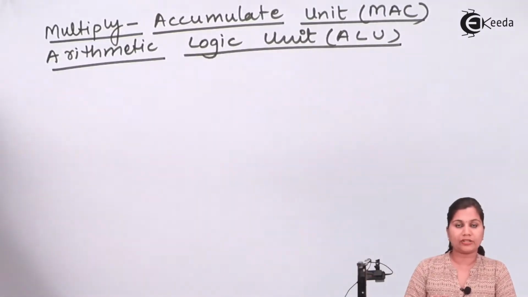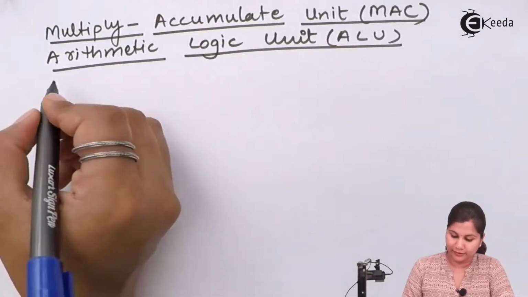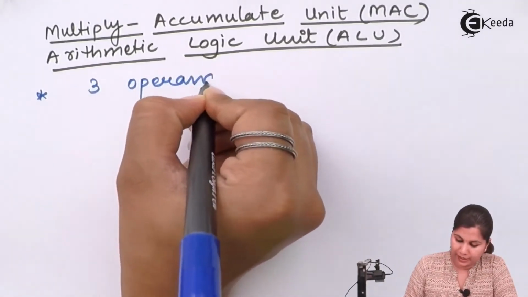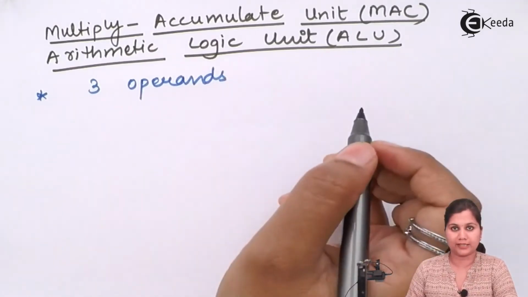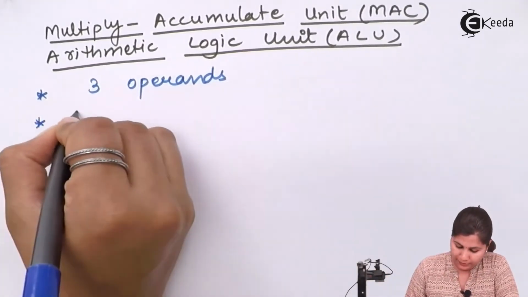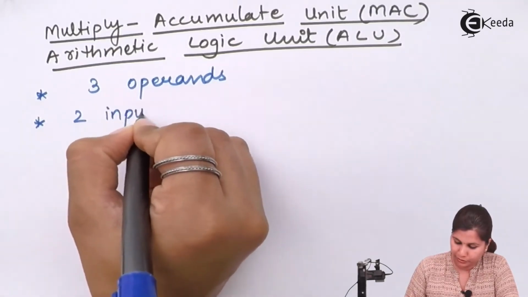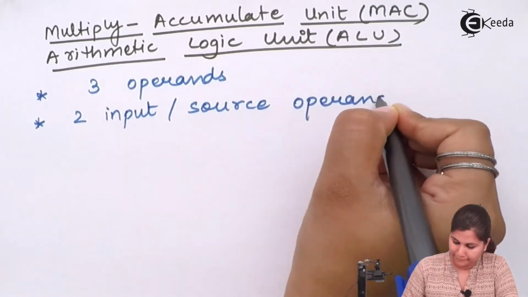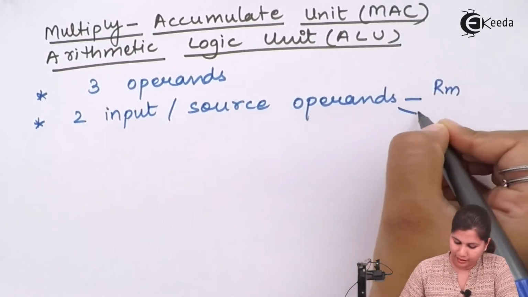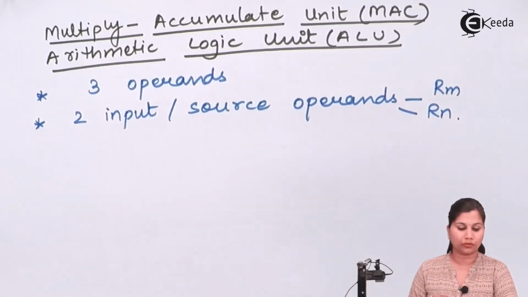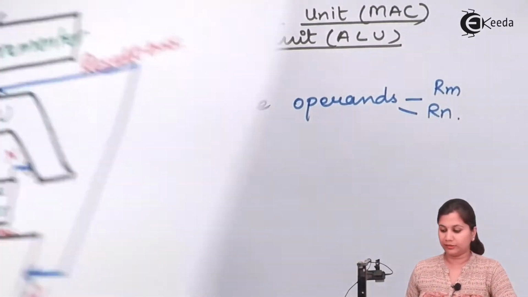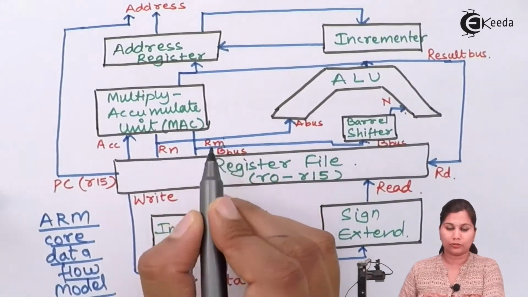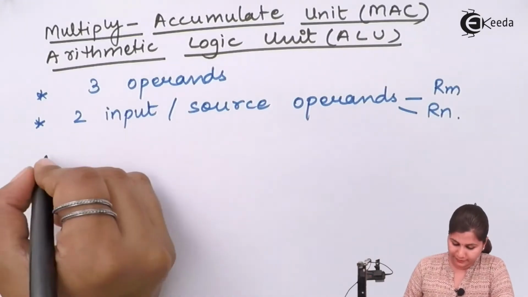In every instruction we will have three operands. Out of these three operands, as I have said, two are the source operands and one is the destination operand. So two operands, or we can say two inputs, the source operands, are Rm and Rn. You can see here in the diagram also we are having Rm and Rn. These are the two operands.